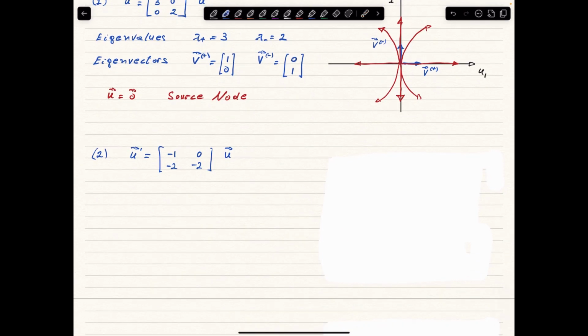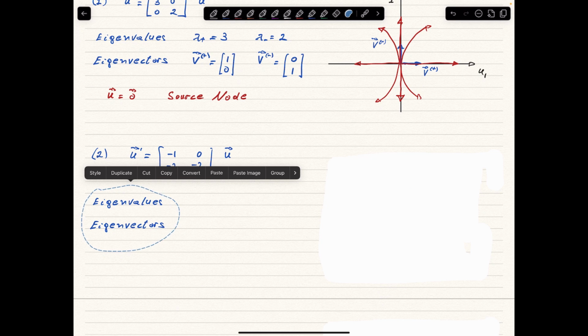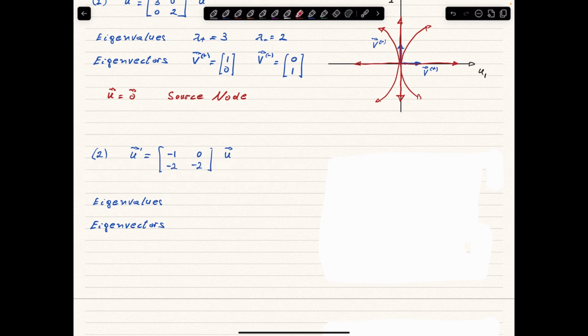Well, we need to do a little bit of work for the eigenvectors. So what do we need to do? And here is where I'm going to use it. We need to write the eigenvalues and the eigenvectors for this matrix. The eigenvalues are pretty easy to find because they are the diagonal elements of the matrix, because this is an upper triangular matrix because of this 0.